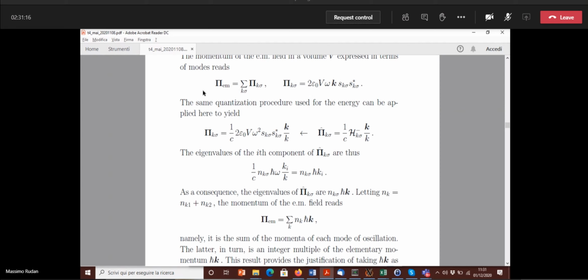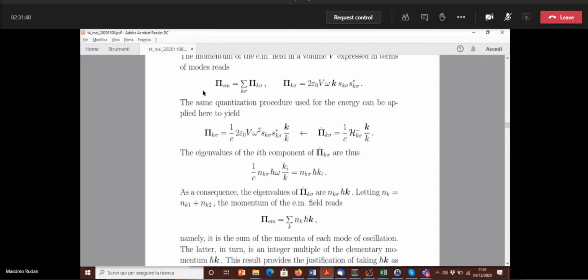And the conclusion is that the component of the momentum of the electromagnetic field along the ith direction associated to the individual oscillation mode is proportional to H bar K. And the factor is again n K sigma.